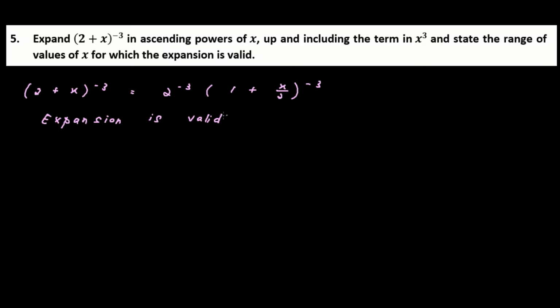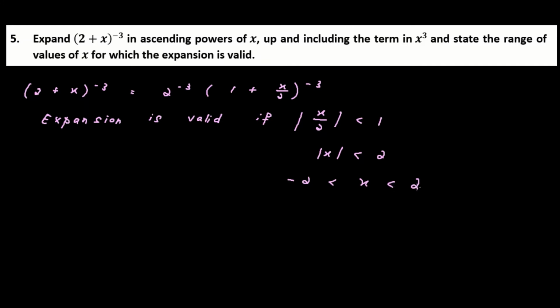So please make sure it's valid when modulus x over 2 is less than 1. Meaning you should take the x when you have written it in 1 plus x. So you are not getting your x for your original equation. Okay, so after you have gotten this, negative 2 less than x less than 2. Okay, so this will be number 5.